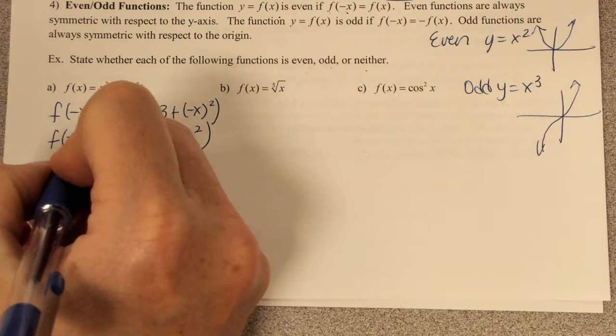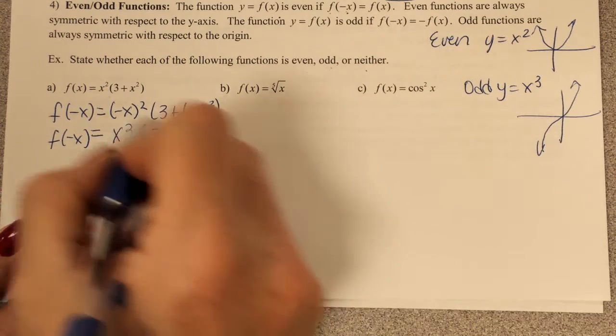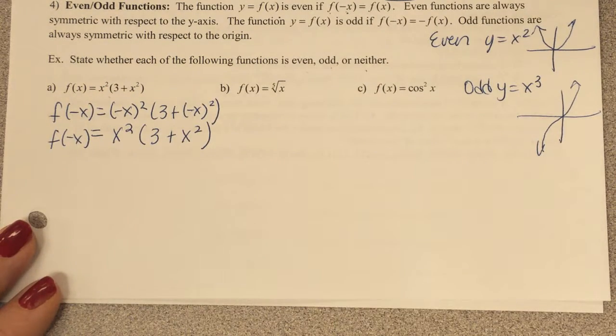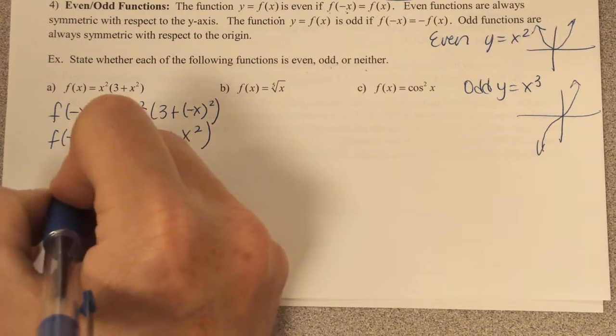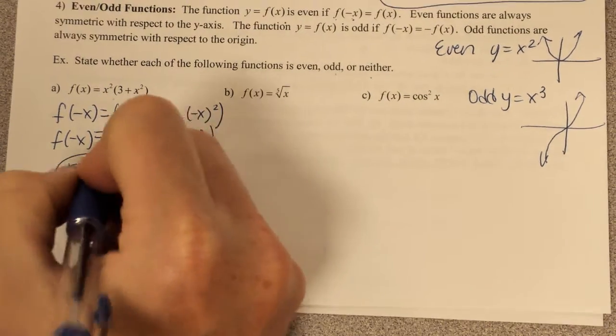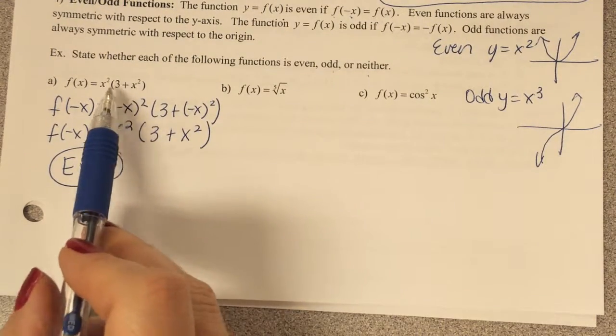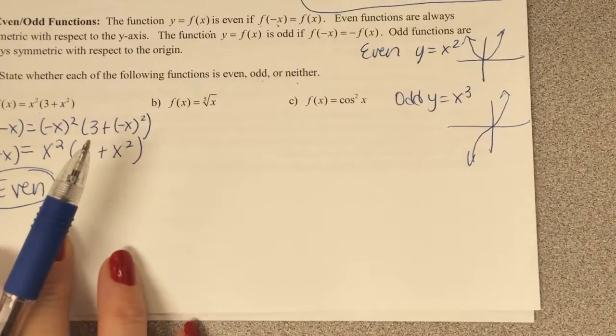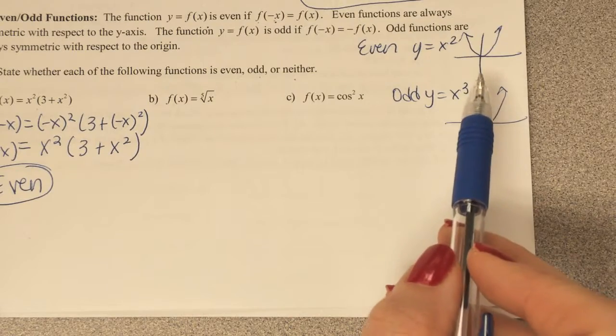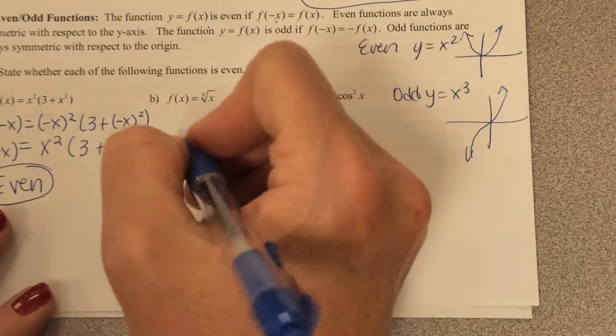And so f of negative x is exactly the same thing as what I started with. So what does that tell me about it? It must be even, right? So if I were to graph this on my calculator, I would see a function that was symmetric with respect to the y-axis.